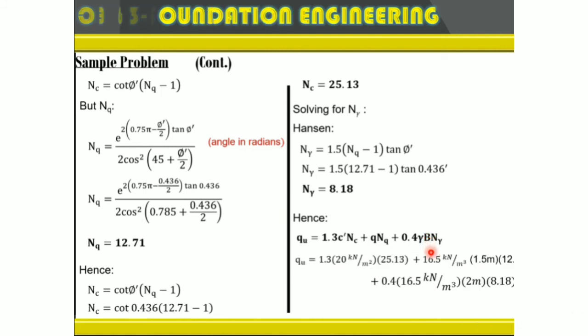So substituting, our c prime is 20 kilopascal, Nc is 25.13, plus this small q, which is your unit weight of soil, 16.5 kilonewton per cubic meter, times the depth of footing, Df, of 1.5, and we have now this Nq of 12.71, as you can see here, plus 0.4 of your unit weight of soil, which is 16.5 kilonewton per cubic meter, times your width of footing of 2 meters, times the calculated N unit weight of 8.18.